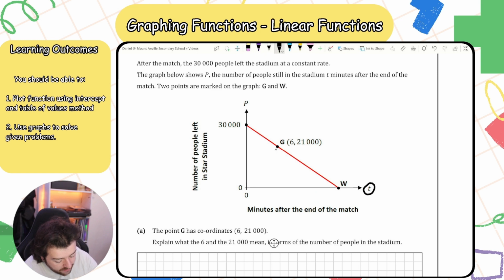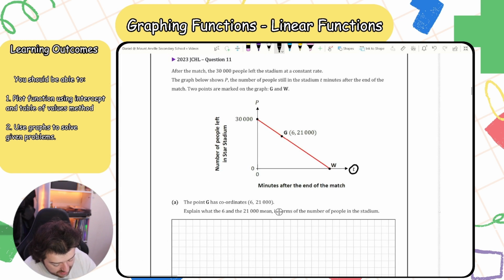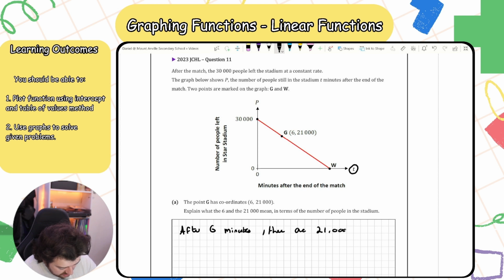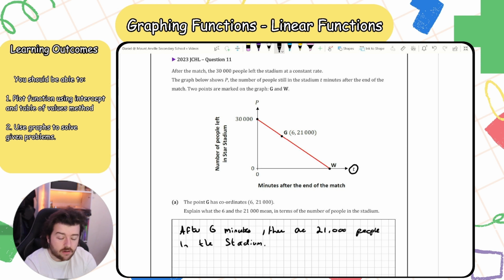So if my y value is 21,000 and my x value is 6, we say in context, after 6 minutes, there are 21,000 people in the stadium. So after 6 minutes, there are still 21,000 people in the stadium.